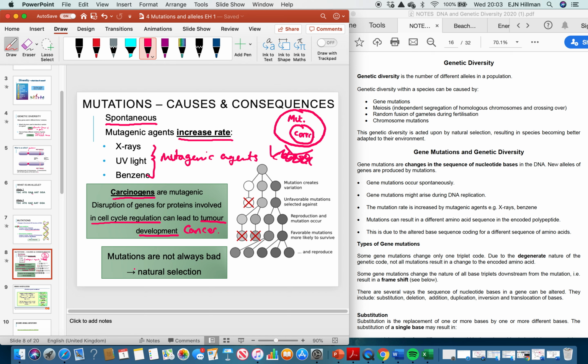Now, not all mutations are bad. Natural selection relies on this idea that mutations take place, and some of them are beneficial.